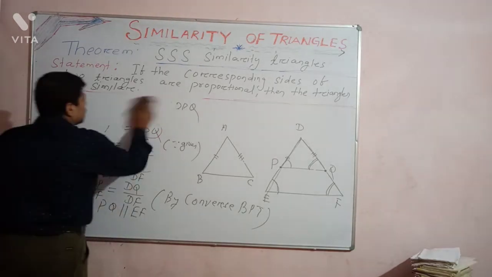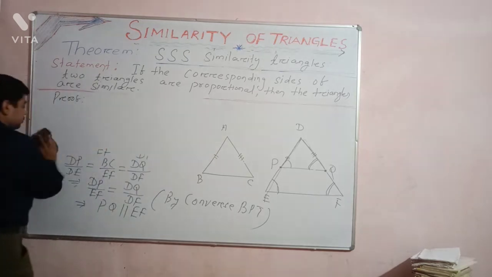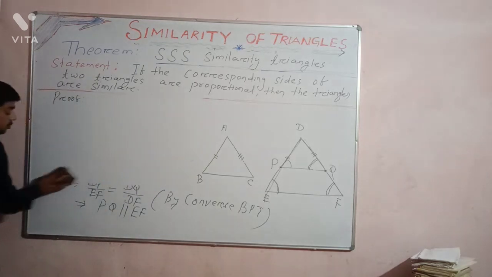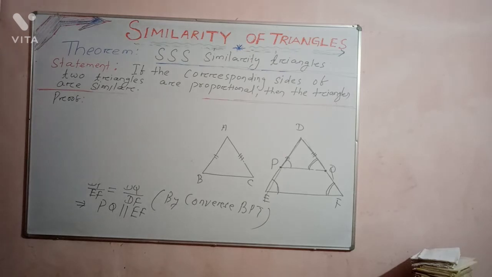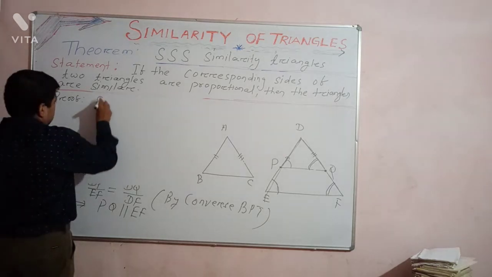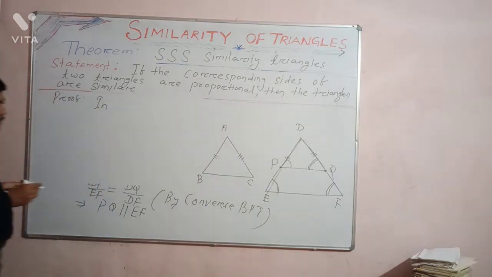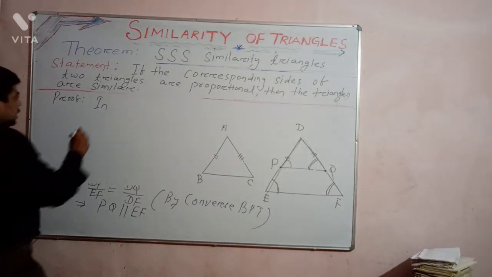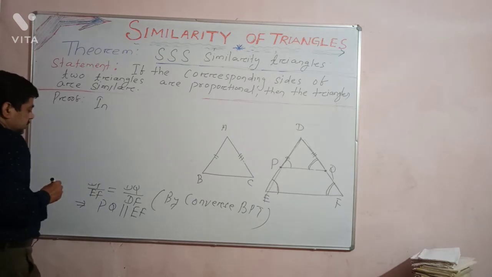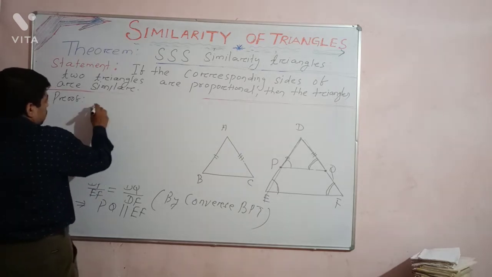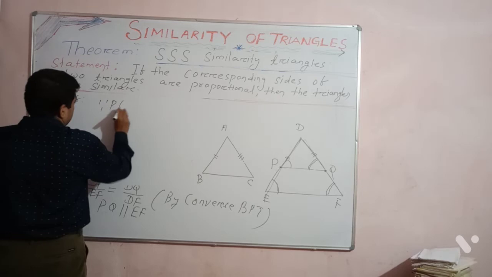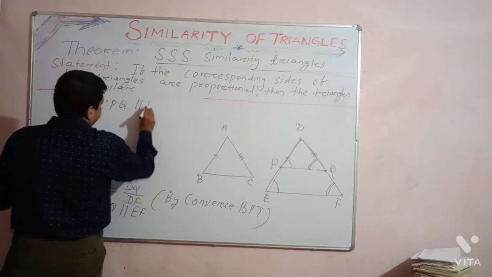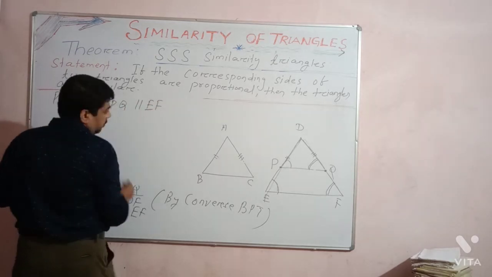Now you see, in triangle DEF, PQ is parallel to EF. In triangle DPQ, since PQ is parallel to EF, what are you finding here?